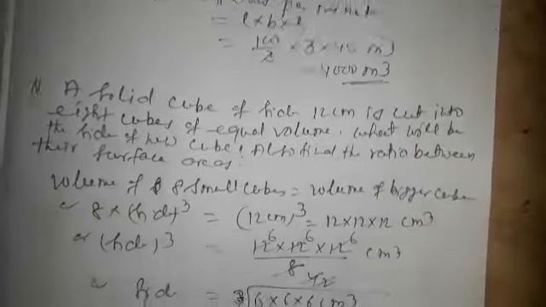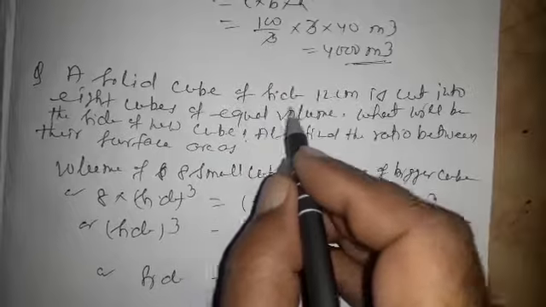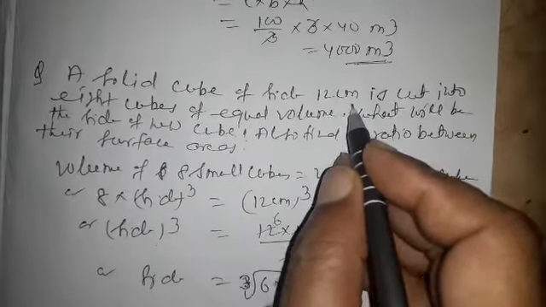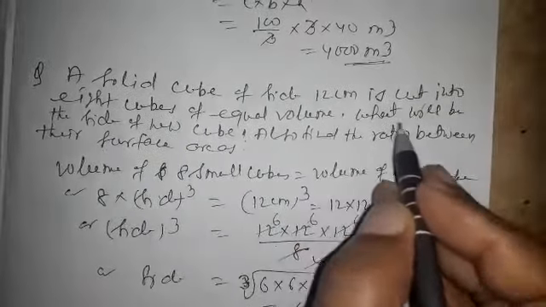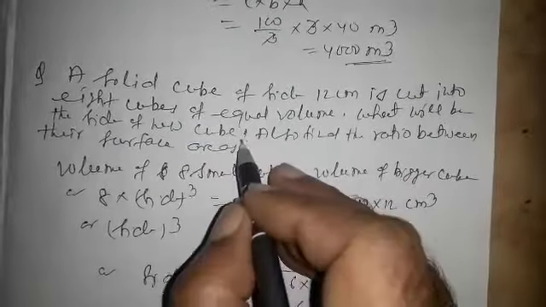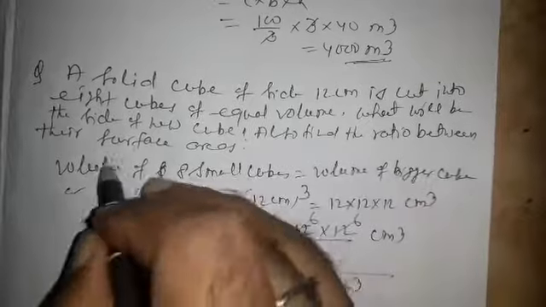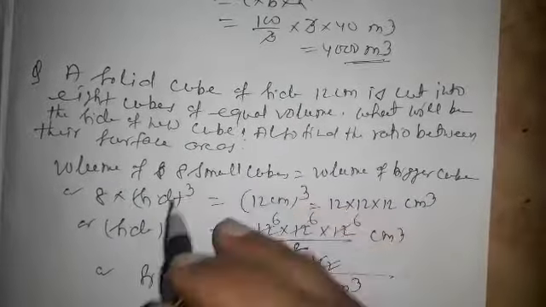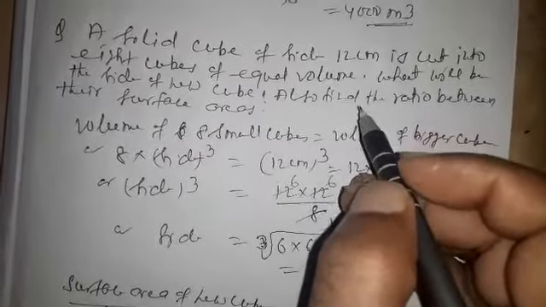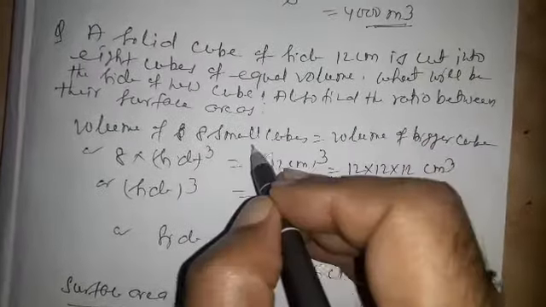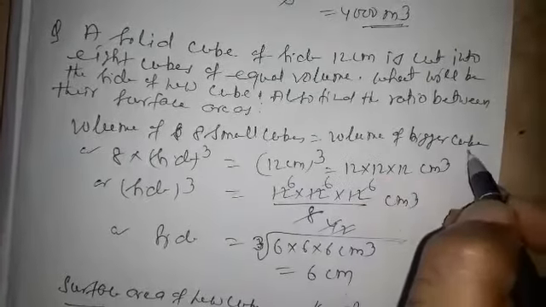Now next question is, a solid cube of side 12 centimeter is cut into 8 cubes of equal volumes. What will be the side of new cube? Also find the ratio between their surface area. So because bigger cube is cut into 8 equal cubes, volume of 8 small cubes is equal to volume of bigger cube.